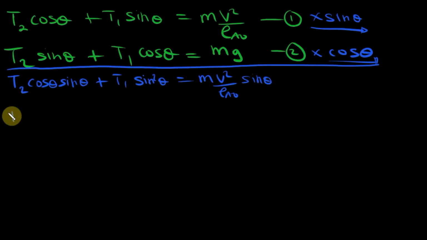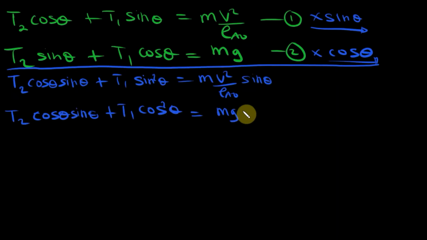This one becomes T2 cos theta sine theta plus T1 cos squared theta is equal to mg cos theta.